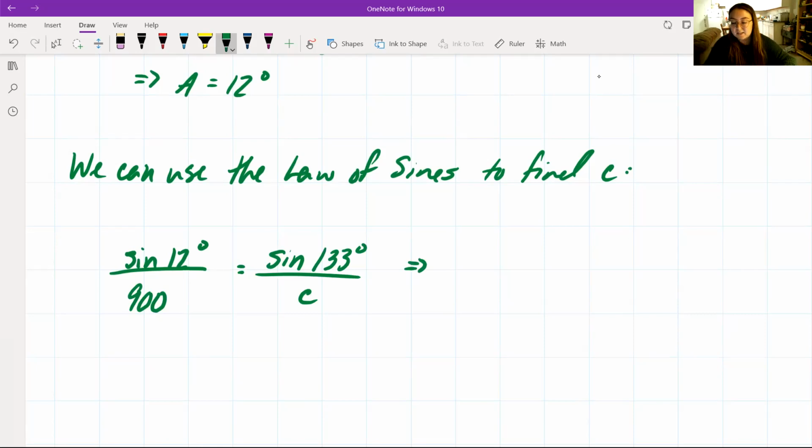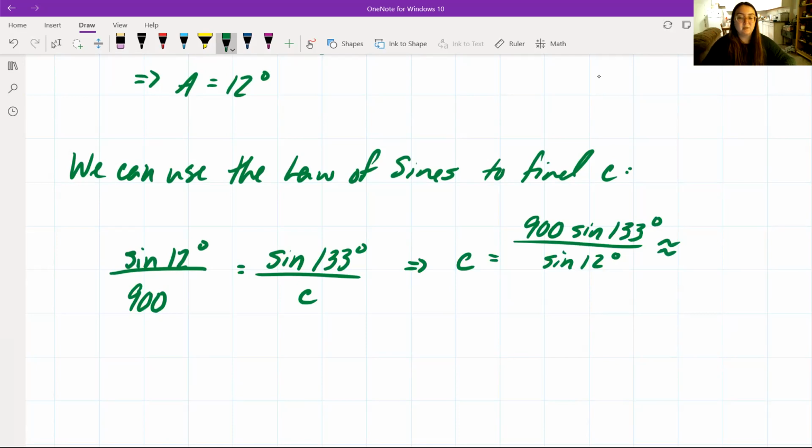Then, of course, once again, solving for c, we end up getting that c is equal to 900 times sine of 133 degrees divided by sine of 12 degrees. I apologize, those were flipped.